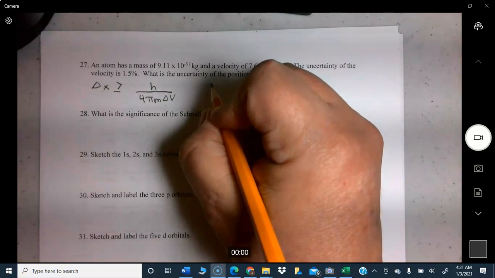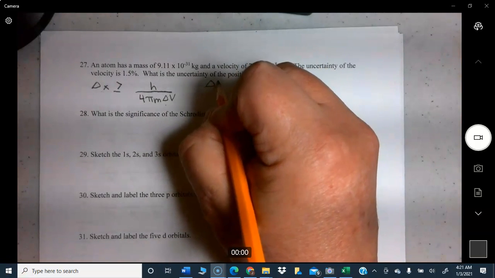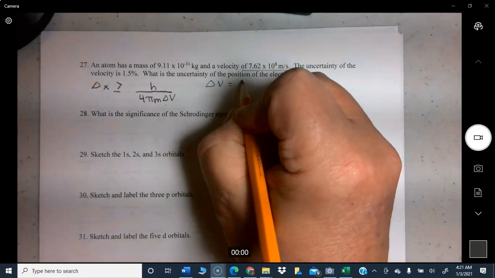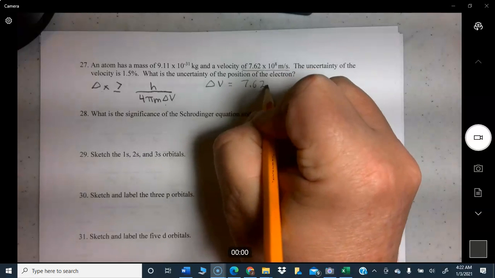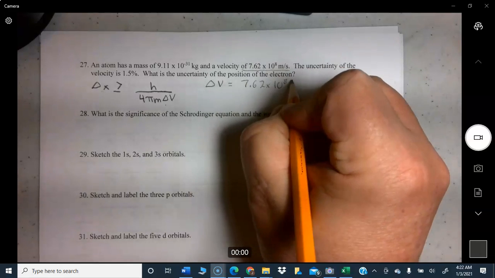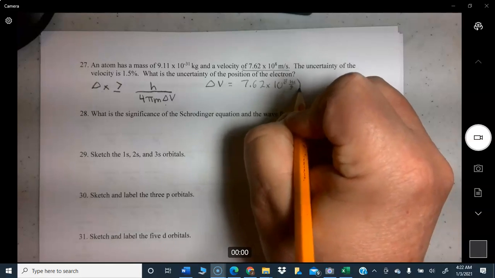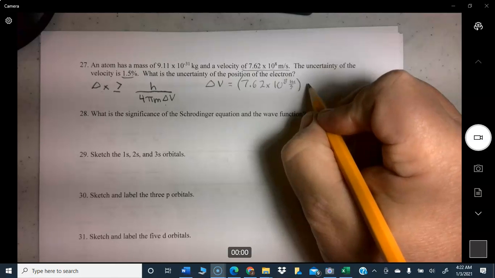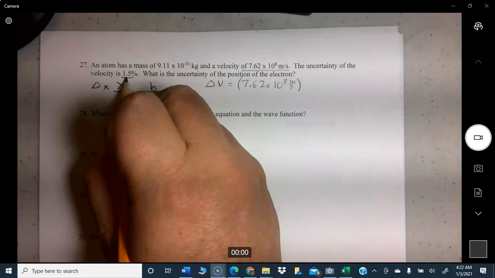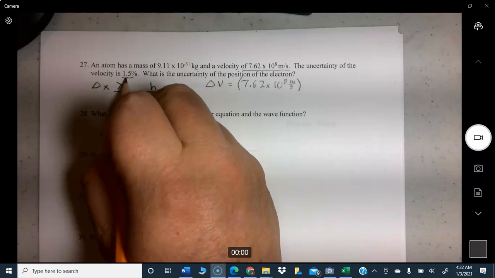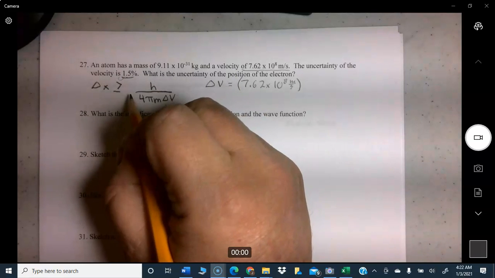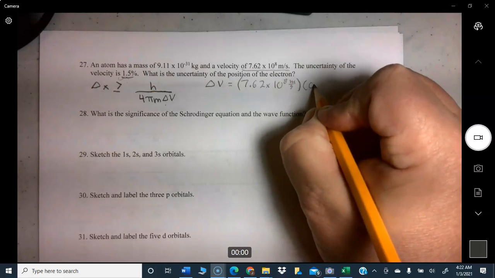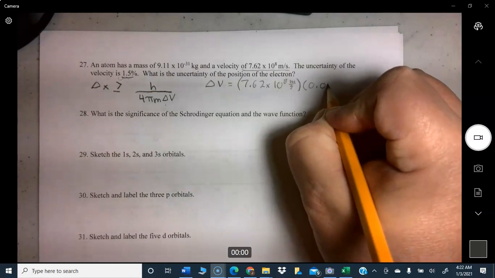So the uncertainty delta V equals the measured velocity, that's what was measured, times the percent error, the percent that it's off. You convert that to a decimal. Again, the simple way to do it is slide the decimal 2 places to the left, or you could do 1.5 divided by 100. It'll give you the same answer. It's going to be 0.015.